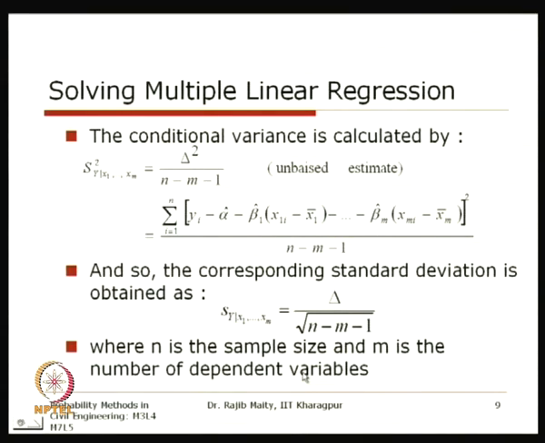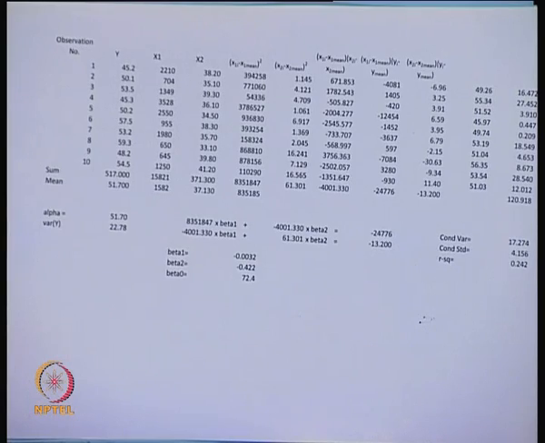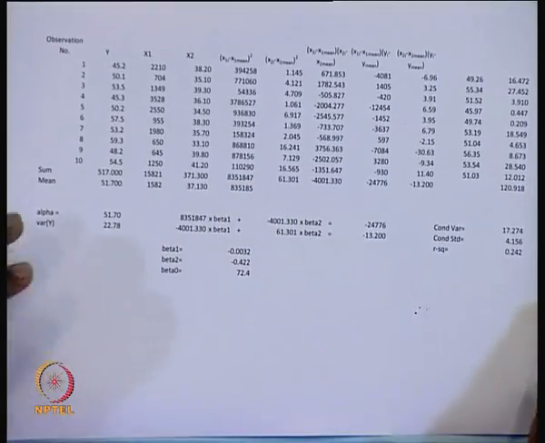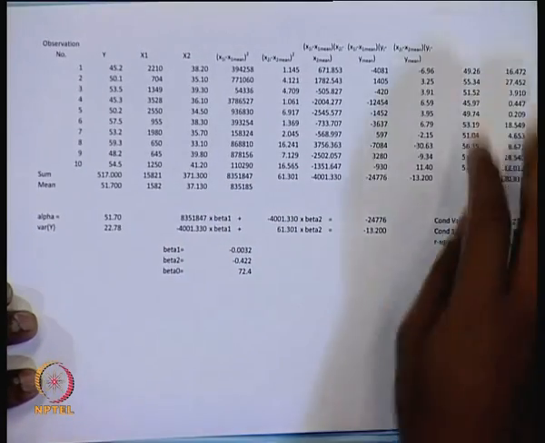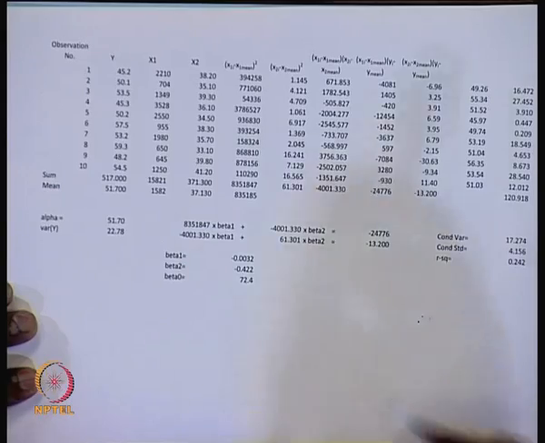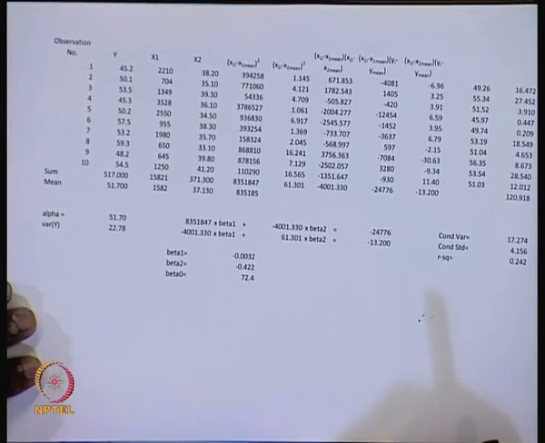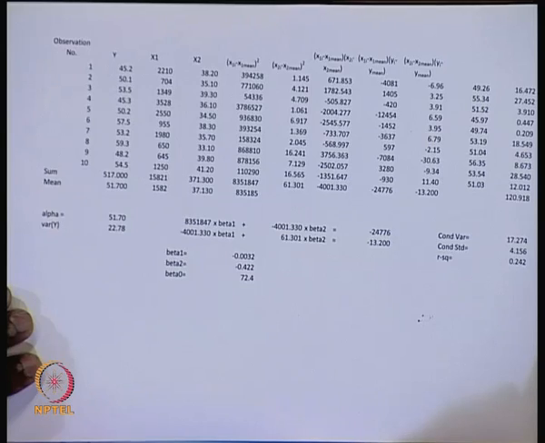Now we will take up one problem here. You can see that there are many applications in civil engineering problems. For this particular problem, say for example, we are talking about what the temperature should be with respect to its altitude and latitude.